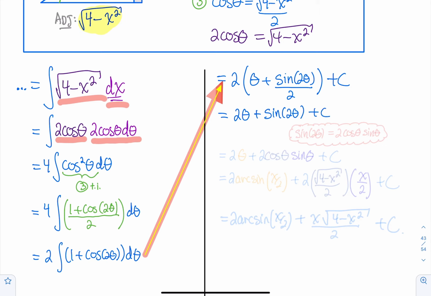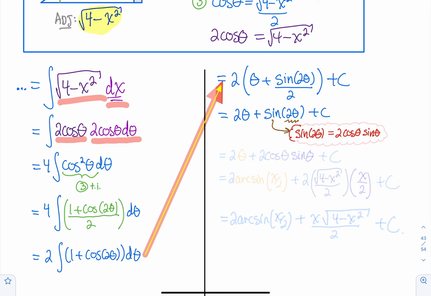So now you want to replace your stuff. Theta, we have a formula for it. It's going to be arc sine, but sine of 2 theta, we don't have a triangle where the angle is 2 theta. So for that, you're going to use the following identity. Sine of 2 theta is actually the same thing as 2 cos theta sine theta. It's always easier to work with a theta formula.